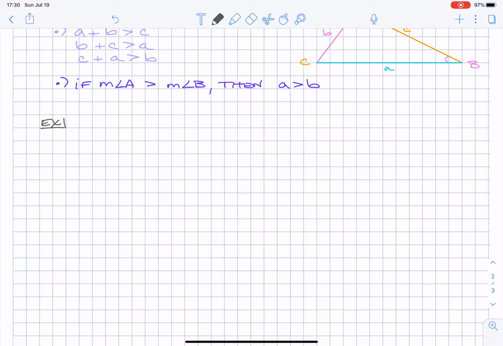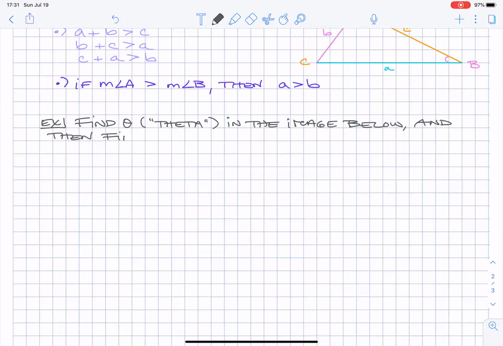Okay, so for example, find theta. So remember this is theta, the measure of the angle. So in the image below, find theta and then find the measure of each angle.